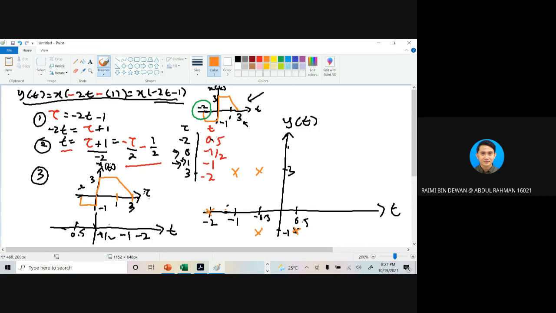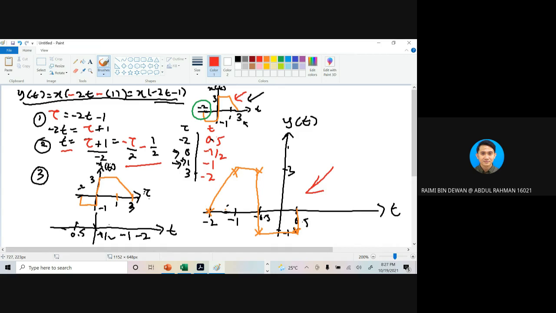Now if you plot your signal, you will have it like this. So now you can see your original signal compared to the one that we have solved.